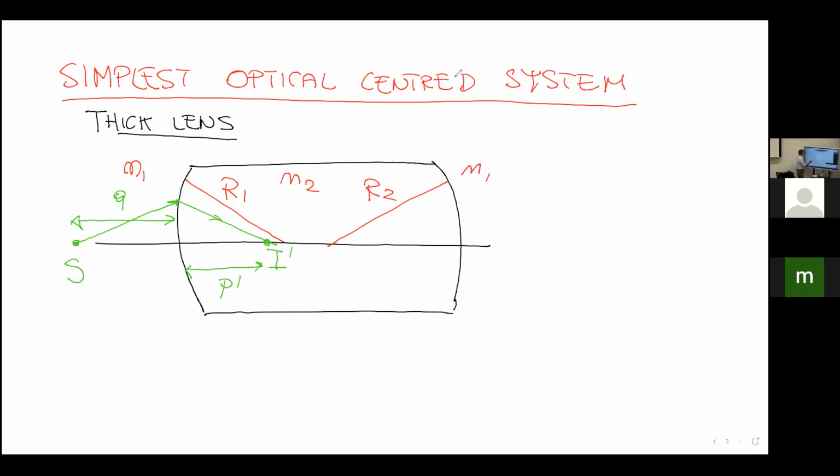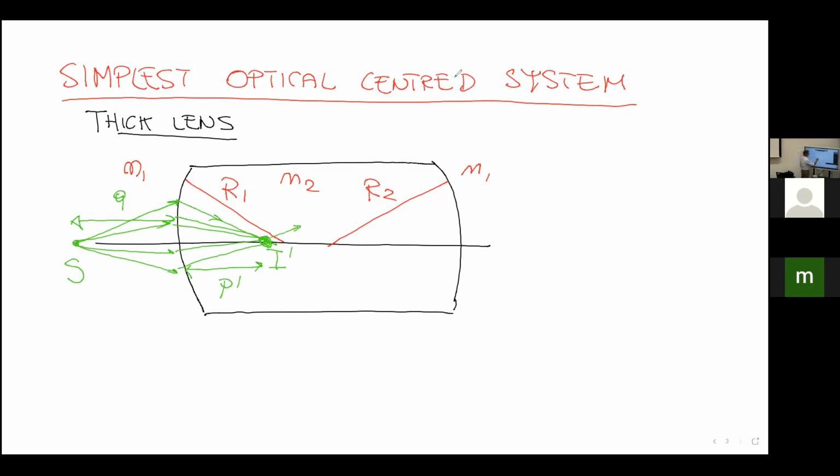Now, since all rays will go here, as a matter of fact, this image can be considered as a source of light because this is emitting rays.